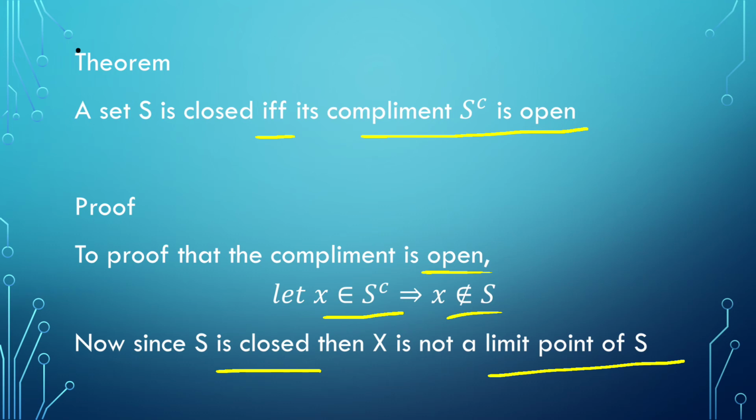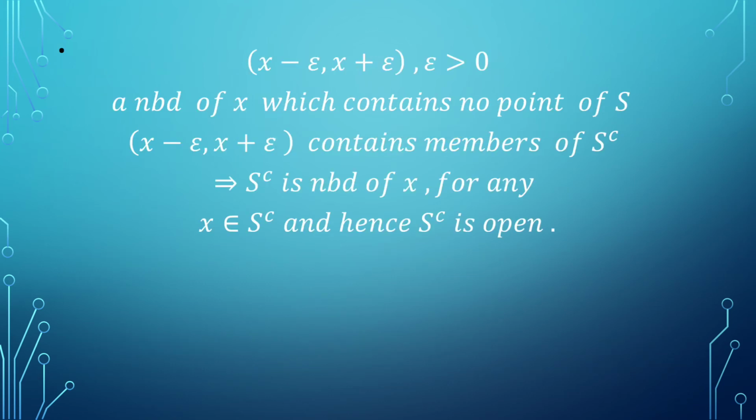So with that, we see that if you take a given epsilon greater than zero, and we check the neighborhood of x, you find that it contains no point of S. It contains no point of S, and therefore it contains members of the complement of S. It will mean that the complement is a neighborhood of x for every x in the complement of S, and therefore the complement of S is open.